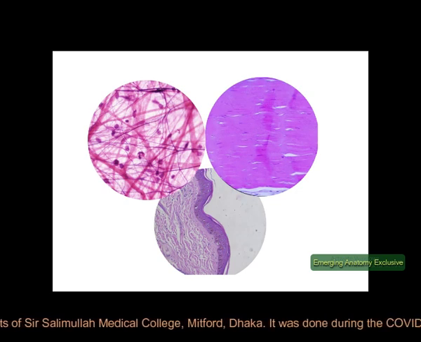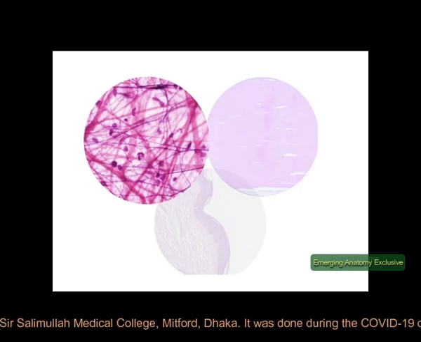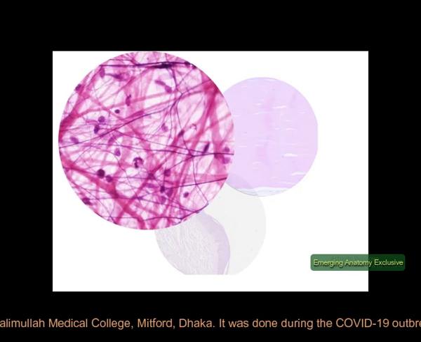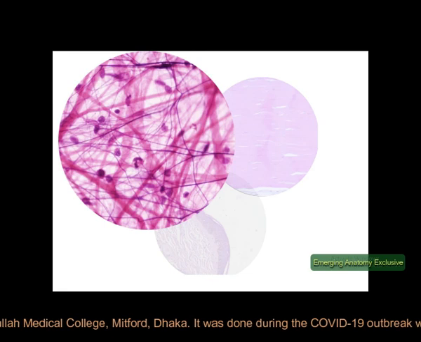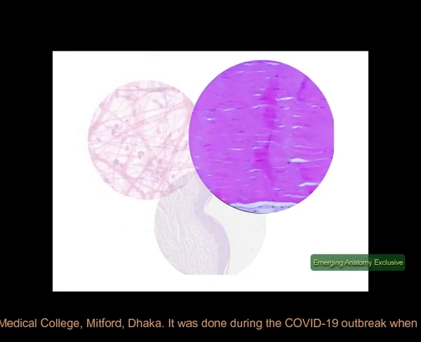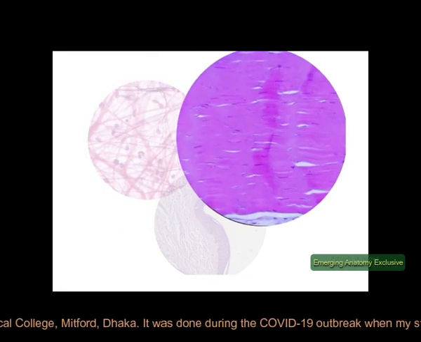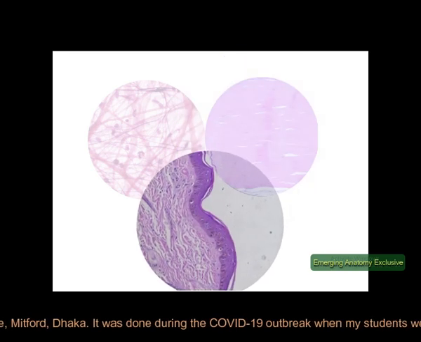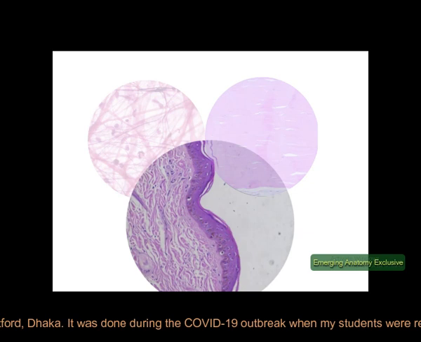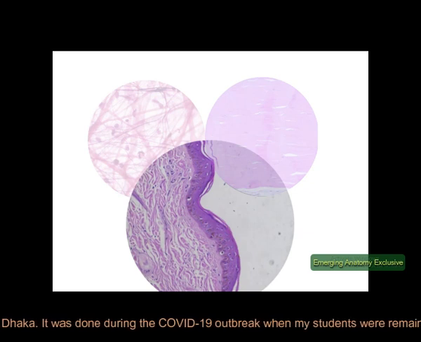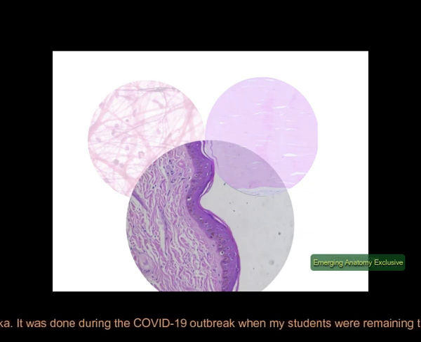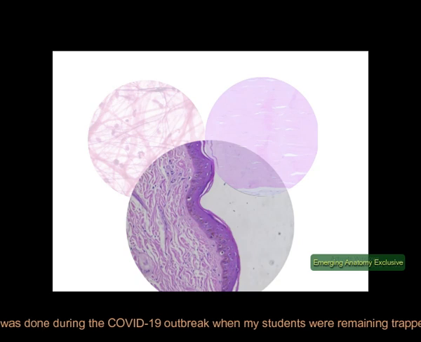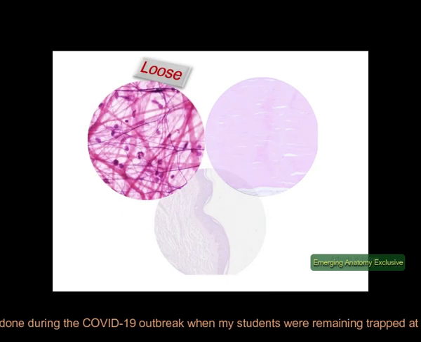No. I am seeing that here the cells and fibers are sparsely present on the ground substance. Here they are assembled in a uniform pattern in the same direction, and here they are arranged in a zigzag pattern in different directions. For the above circumstances, let's give the term loose to this connective tissue.